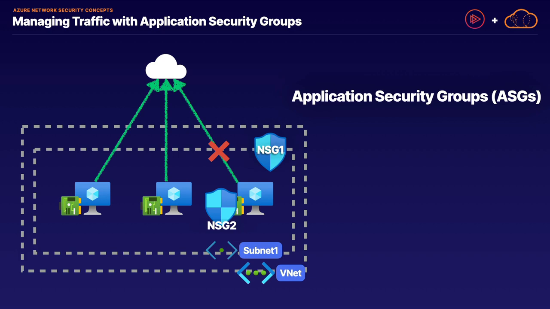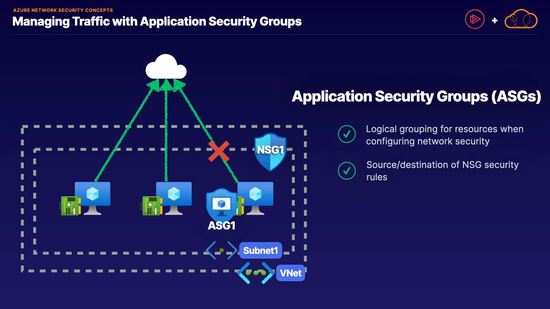Well, using application security groups and associating those with the network interface of our resources, we can provide extensibility to our network security groups by logically grouping resources, and we'll use that logical grouping of an application security group. Think of it much like a tag that we will refer to when we're creating security rules on our network security groups. And we can use this reference to an application security group in the source and the destination of our network security group rules.